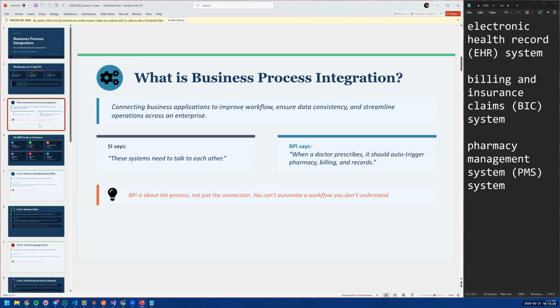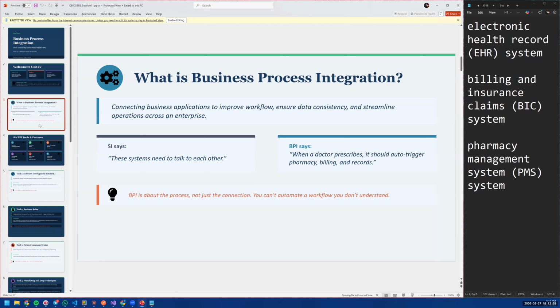BPI, on the other hand, for example, if a doctor writes a prescription, what's supposed to happen after they write a prescription? Them writing a prescription is supposed to automatically trigger three particular things. It's supposed to trigger the pharmacy to prepare the medication. It's also supposed to have the billing system generate a charge.